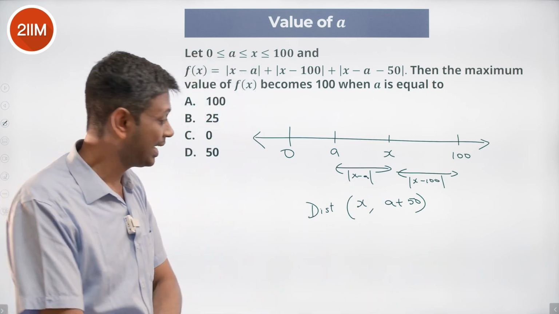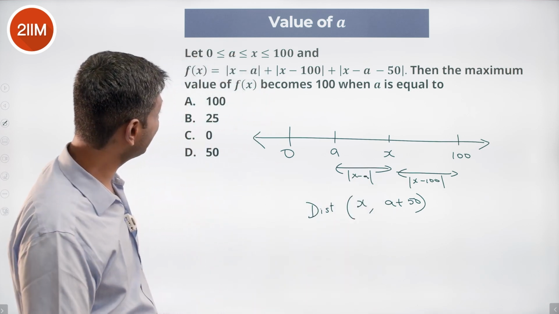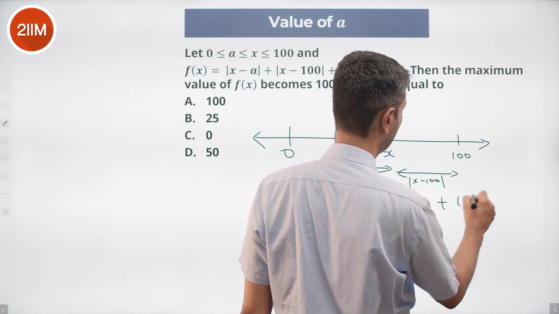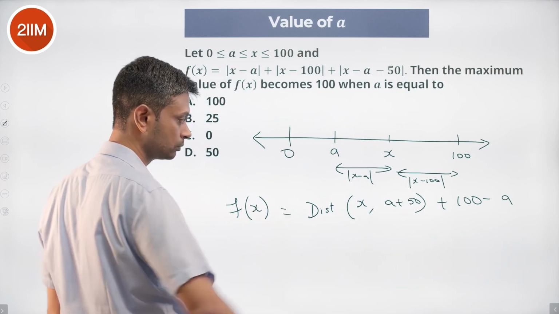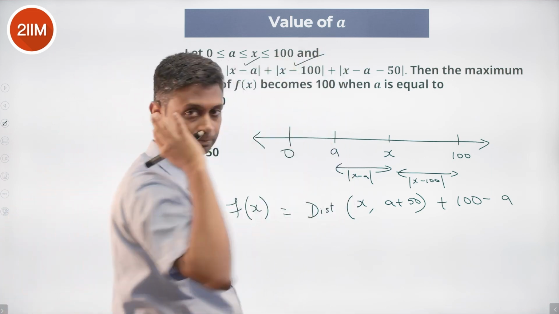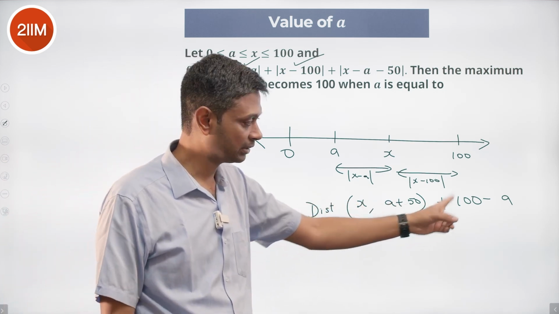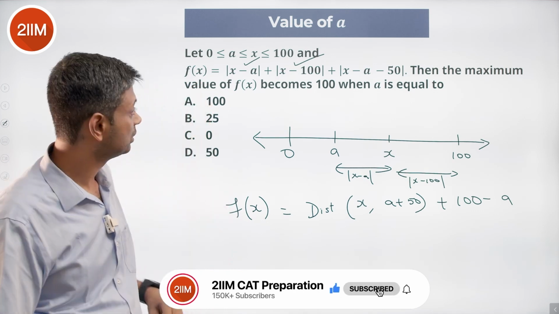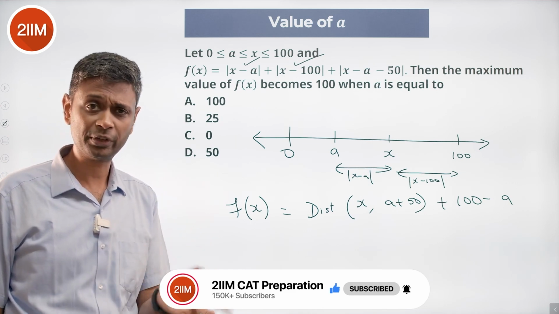The maximum distance between x and a plus 50, plus 100 minus a, is equal to f of x. 100 minus a is this, and this adds up to 100 minus a, right? And the distance between x and a plus 50, plus 100 minus a, is f of x. The maximum possible value of f of x becomes 100.